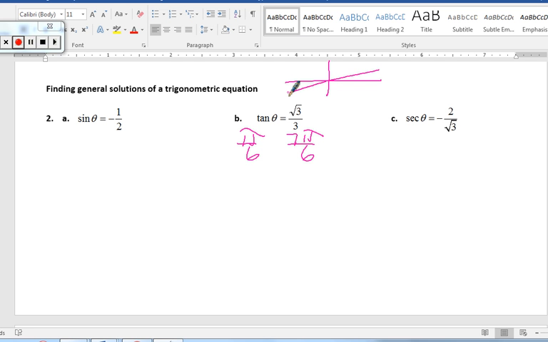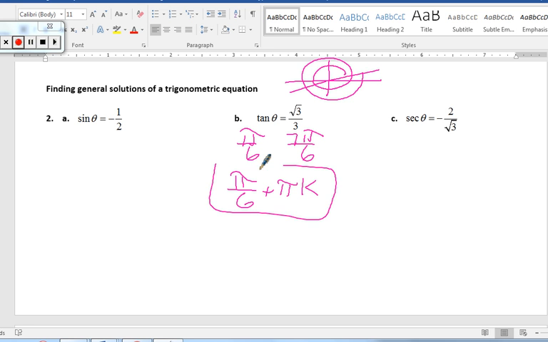So we can actually write this as just one single solution of pi over 6 plus pi k, pi being a half rotation. So if I add pi, I come here, another pi and back, 3 pi's I'm here, 4 pi's I'm there. That's enough to encompass both of these answers for that solution.